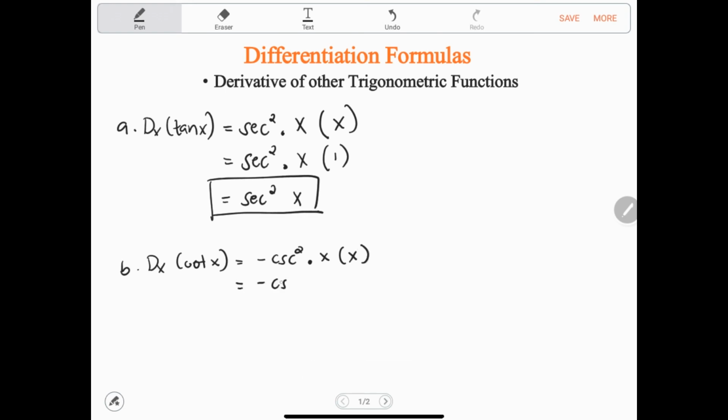Negative cosecant squared x multiplied by the derivative of x, which is equal to 1. So negative cosecant squared x times 1 is the same as negative cosecant squared x.